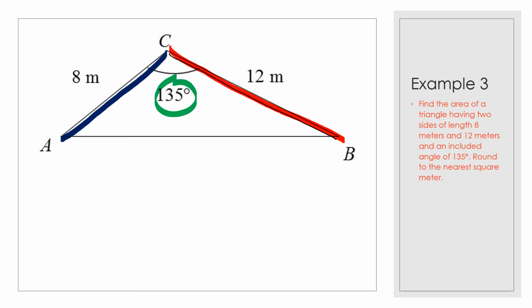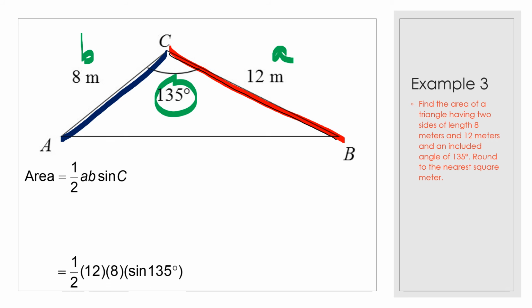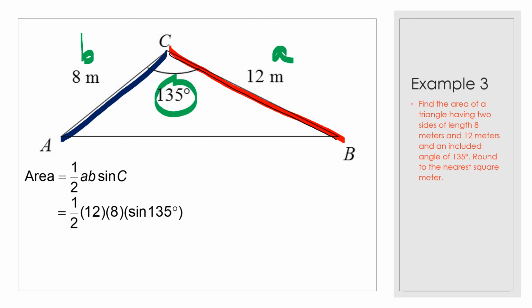So out of the three formula expressions we have, we're going to use the one that has small b, small a, and sine c. Plug in everything, and be careful when you calculate sine c on the calculator. Your calculator should be in degree mode.